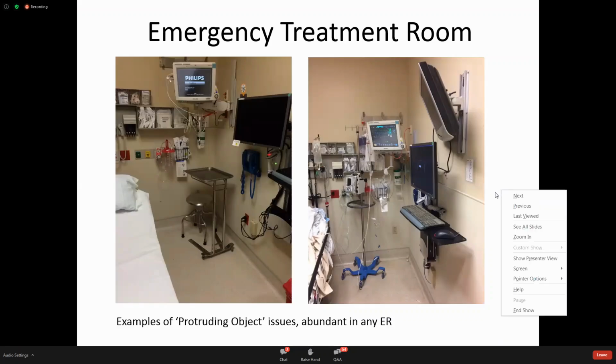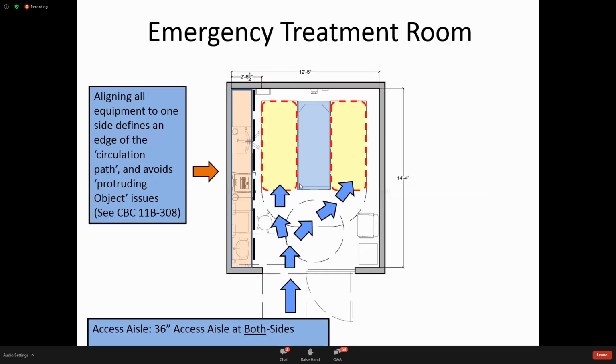So what we want to do, I want to go back a slide, is try to group them either at the head of the bed or along one side, where I can call it my wall of things. And if possible, put either a counter underneath all of it or have a series of trash cans and carts and other such stuff so that I can legitimately say my circulation path does not run up against the wall edge.